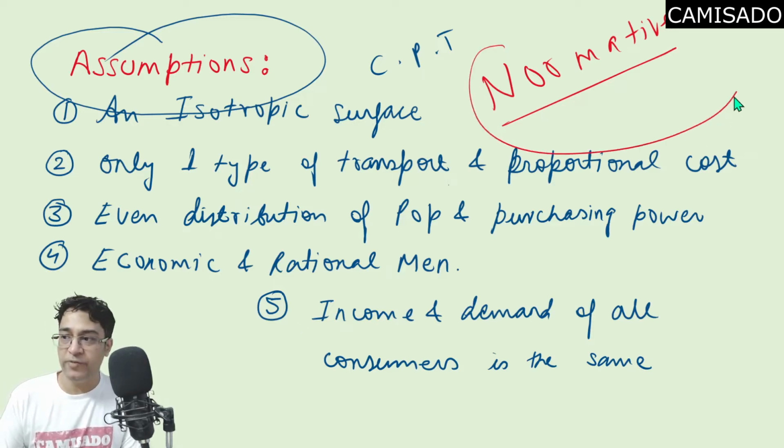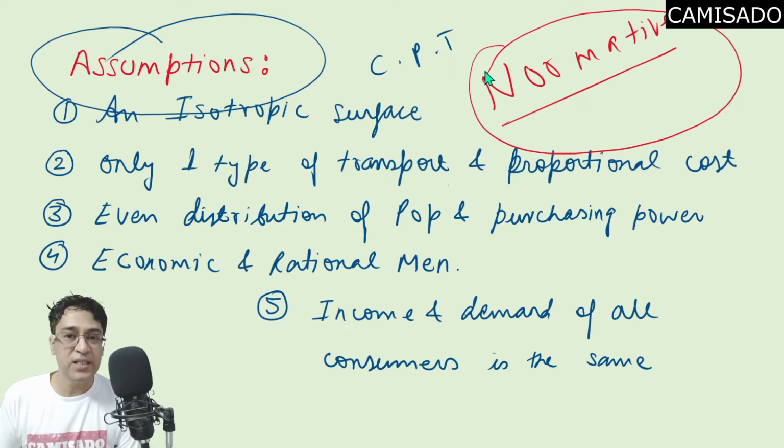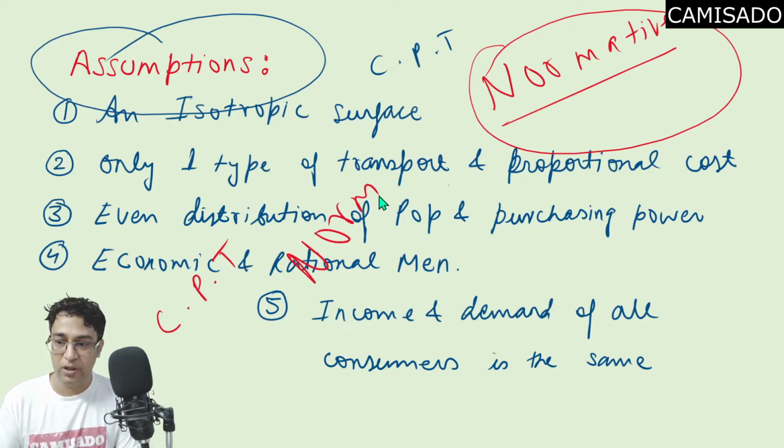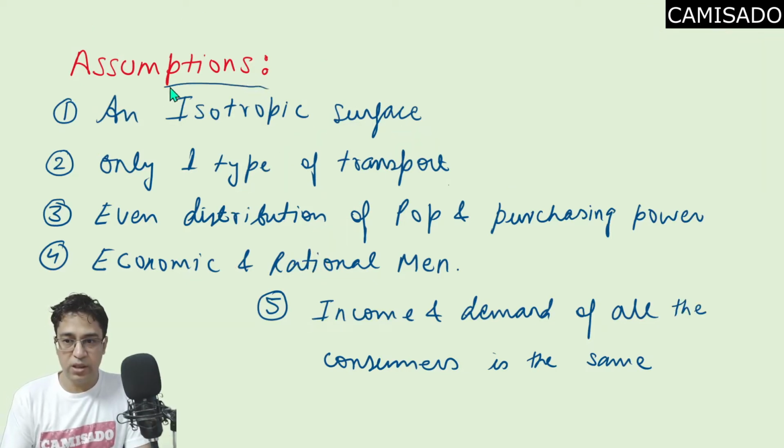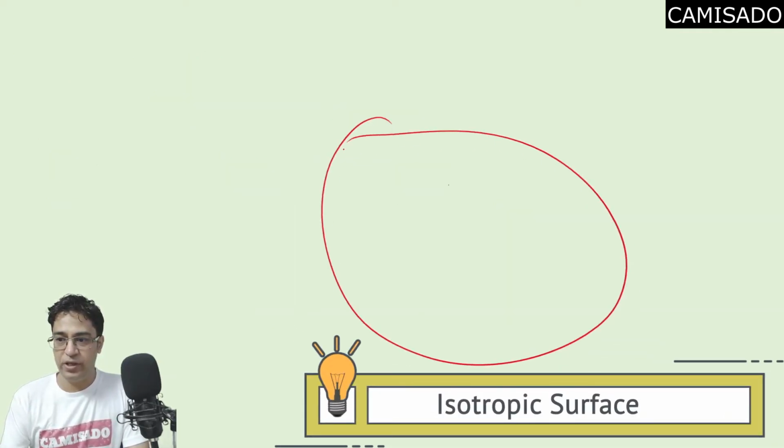Now a normative theory is one that has certain basic assumptions and then it says that this ought to happen, that this will happen if there are these certain assumptions. So you can say that CPT is a normative theory.